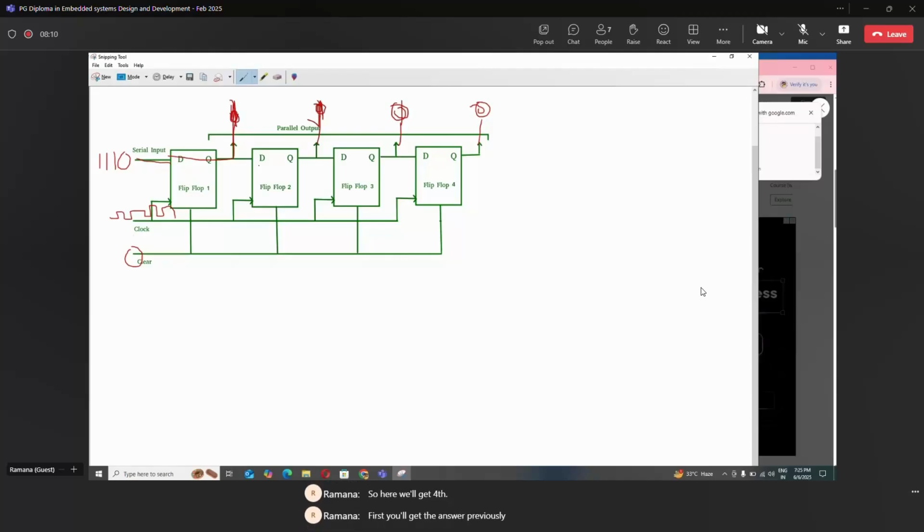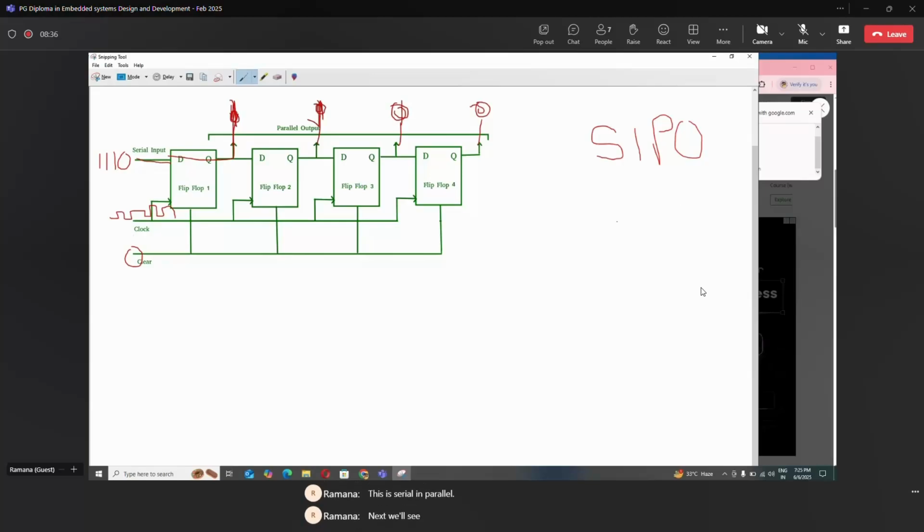Previously we have seen serial in, serial out, where only on the seventh pulse we get the output entirely. Here, on the fourth pulse you will be getting the data 1110. So serially giving, parallel we are getting. This is serial in, parallel out.